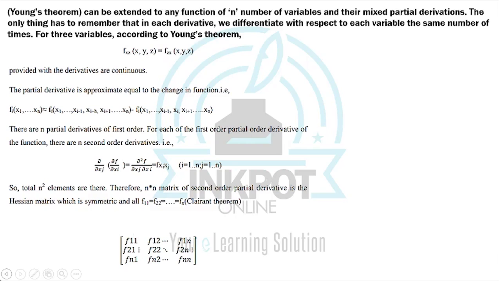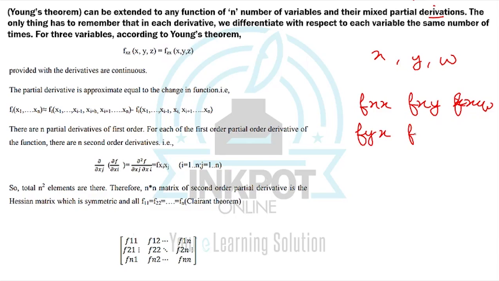For a three variable case, the Hessian matrix looks something like this, so if you had x, y, and w as your three independent variables, then it would look like fxx, fxy, fxw, and fyx, fyy, fyw, fwx, fwy, fww.